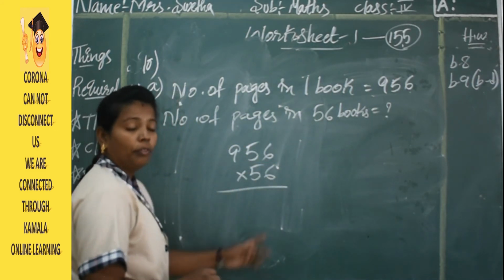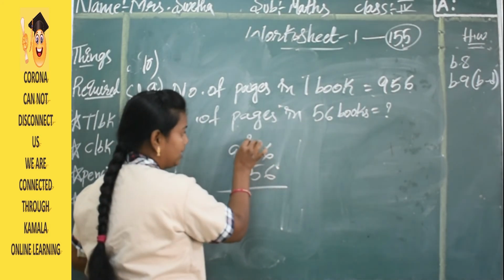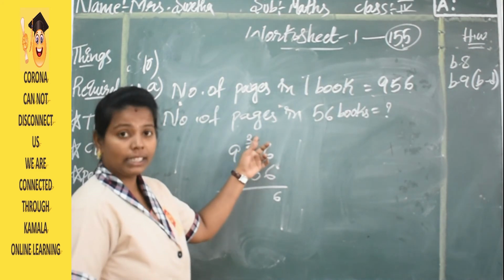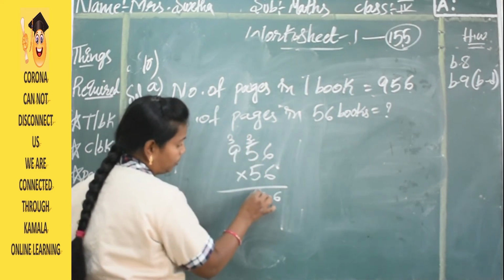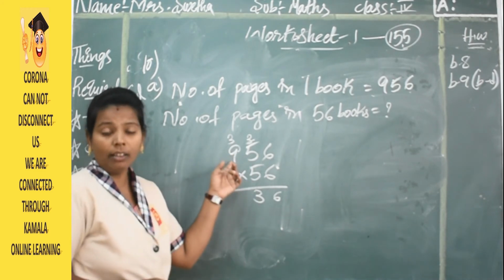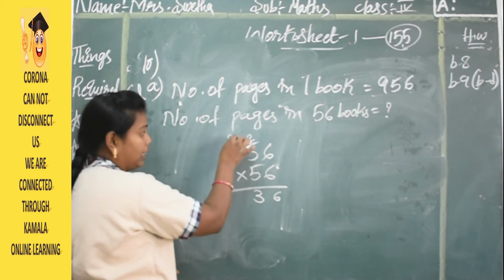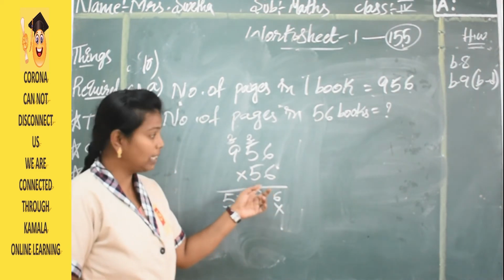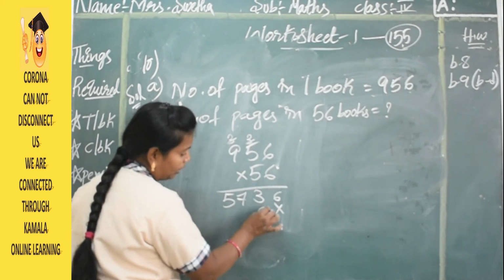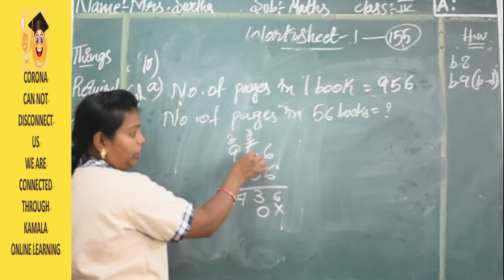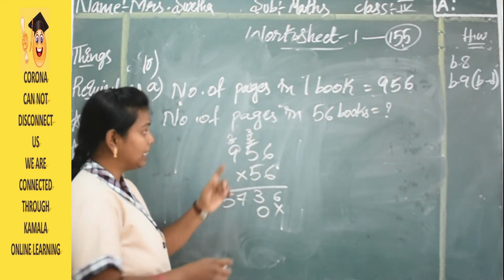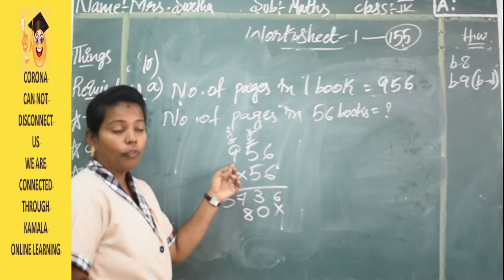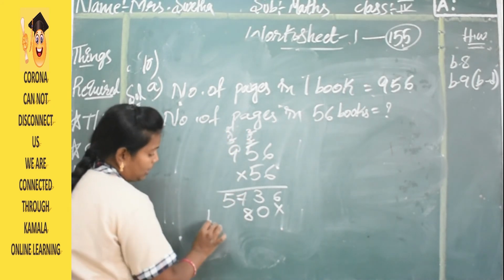Multiply by 56. 6 6s are 36, 6 down, 3 up. 6 5s are 30 plus 3 is 33, 3 down, 3 up. 6 9s are 54 plus 3 is 57. Now go with the next number. 5 6s are 30, 0 down, 3 up. 5 5s are 25 plus 3 is 28, 8 down, 2 up. 5 9s are 45 plus 2 is 47.